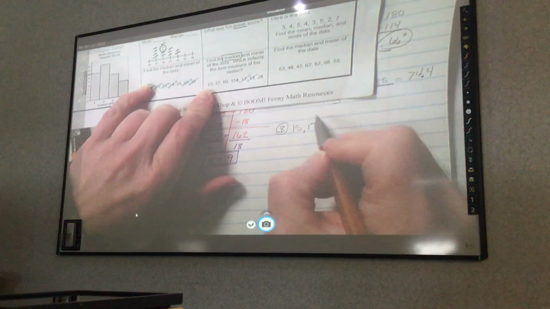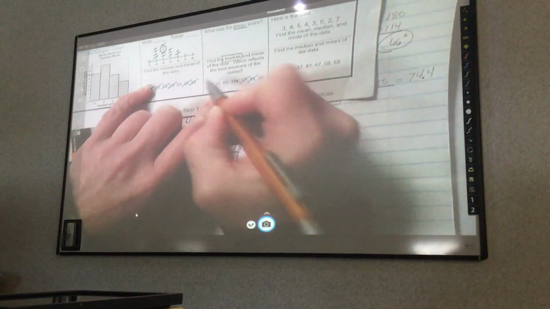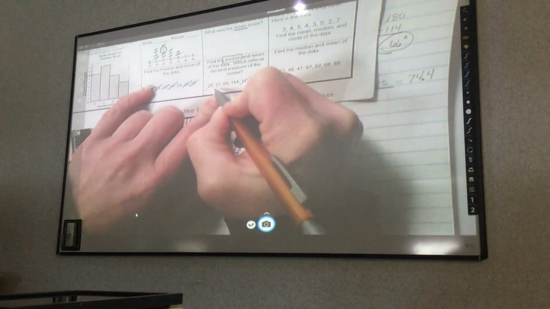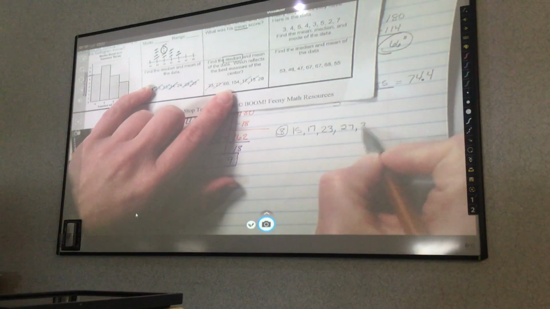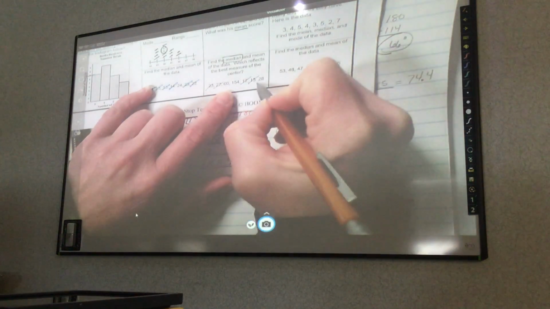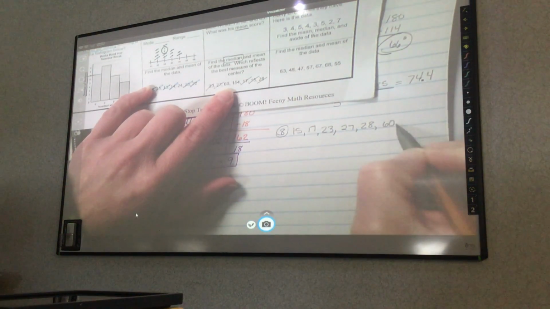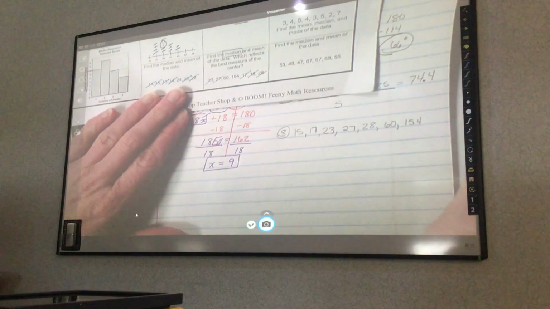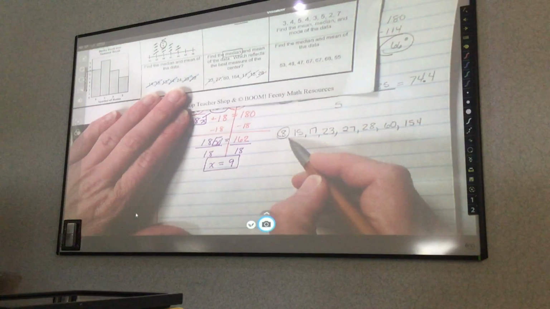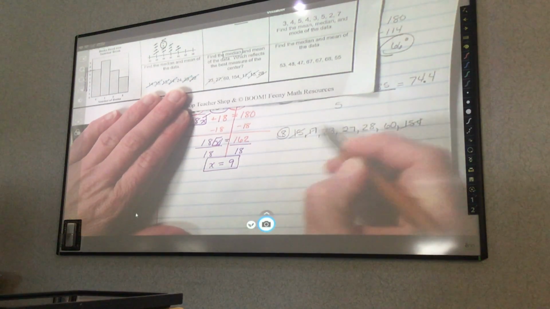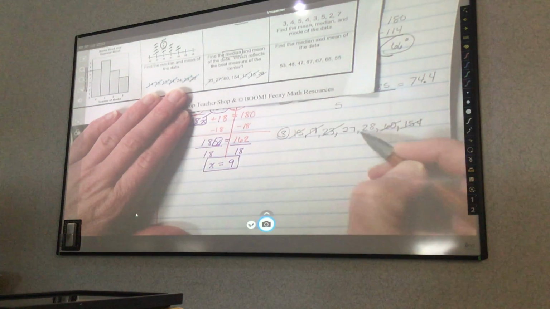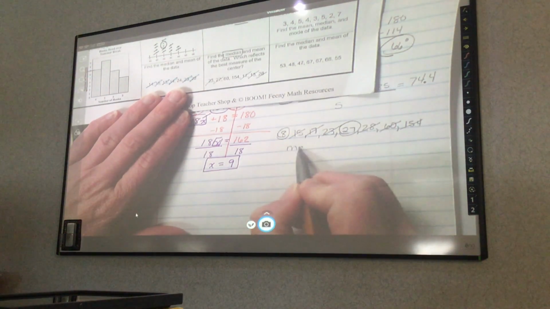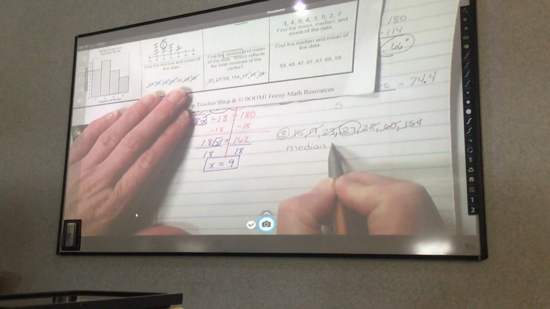What would be next? 23. Then we've got 27. Then we got 28. Then we got 60 and 154. So then we cross one from front, back, front, back, and my median is 27. Write that it is median equals 27.